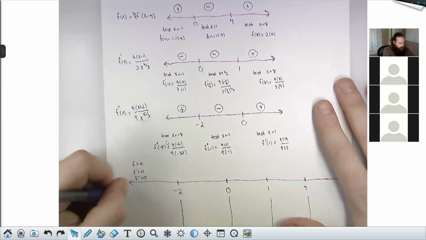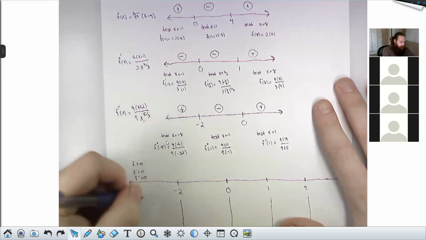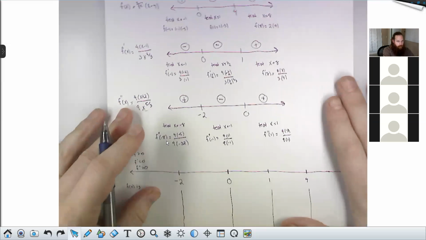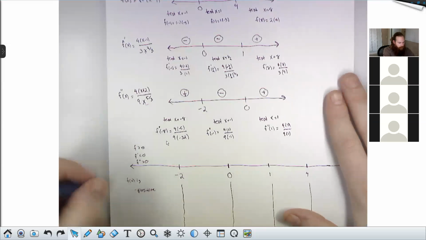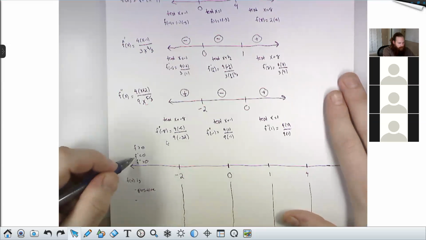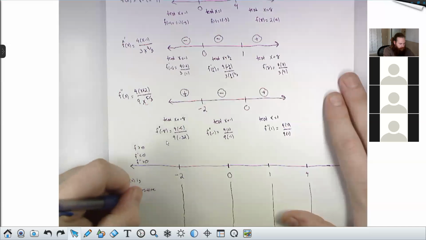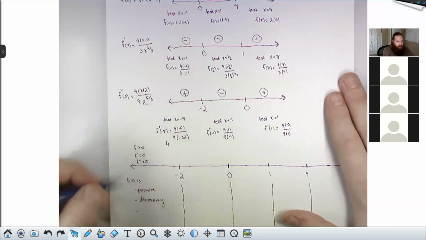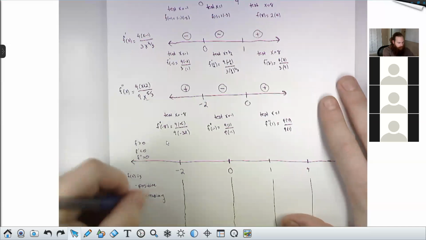So over here, f of x is positive because f itself is greater than 0, decreasing because f prime is negative, and concave up because f double prime is positive.